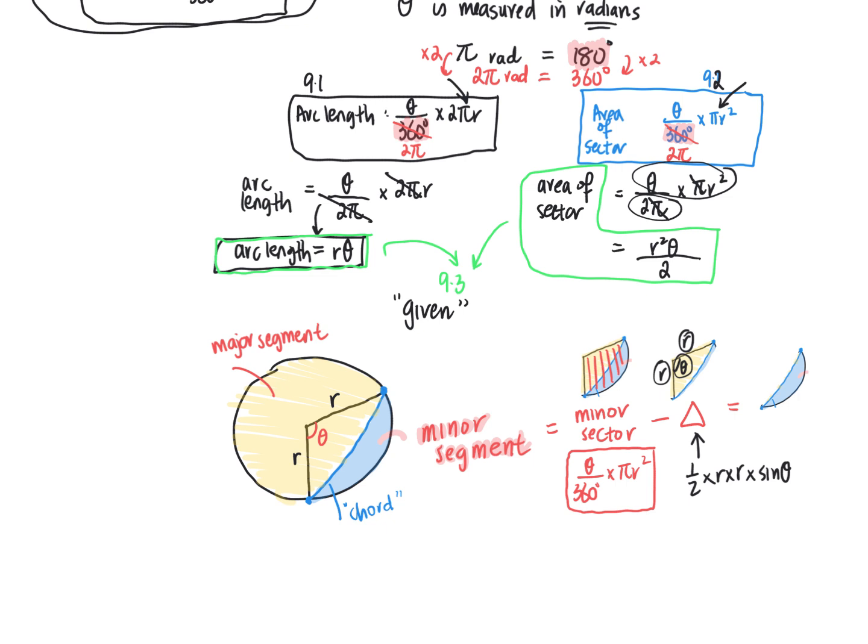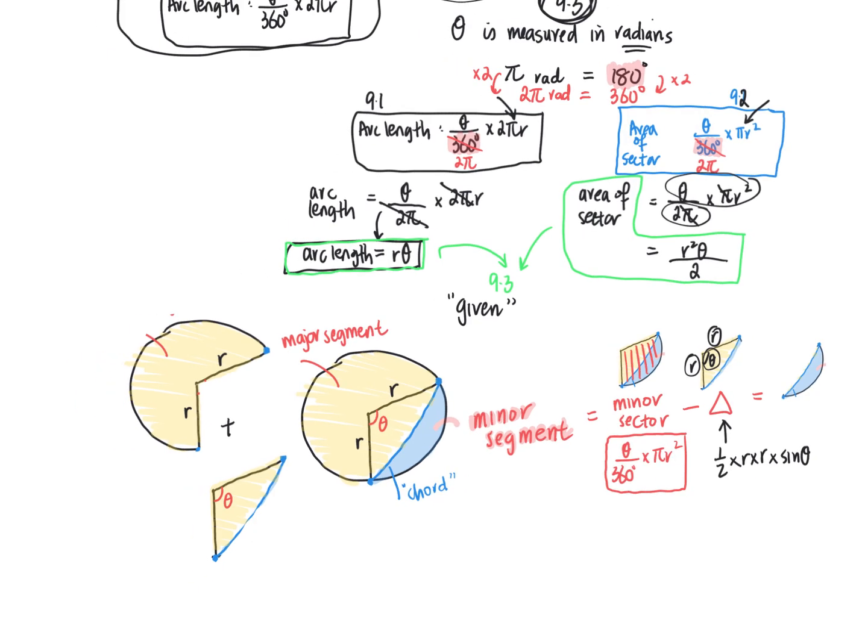This one, major sector, plus the triangle. So to find the major segment, you have to add the major sector to the triangle.